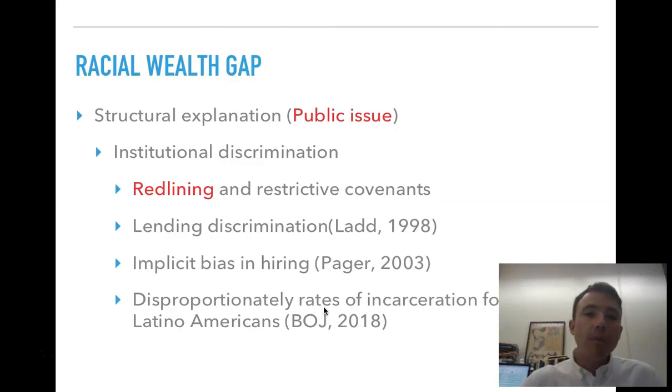So if we're using what C. Wright Mills calls a public issue perspective, which is a structural explanation for a social condition, so instead of looking at the individual and attaching their success or failure to individual agency, their own abilities, we look at the social structure, then we might be able to realize a bit more explanatory power with our analysis.